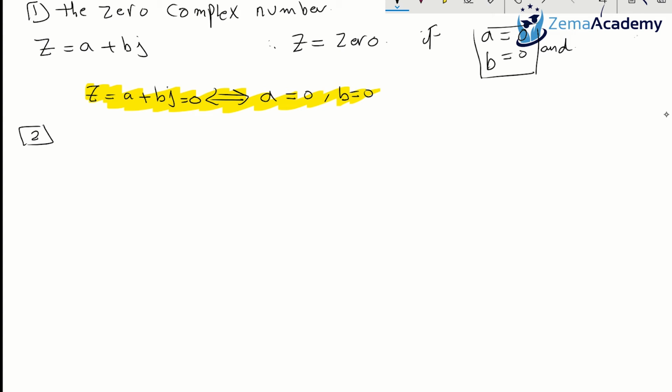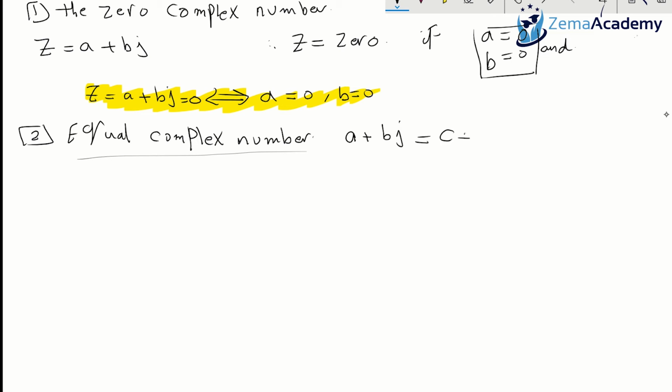Now, equality of complex numbers. So assume you have two complex numbers, a plus bj equals c plus dj.